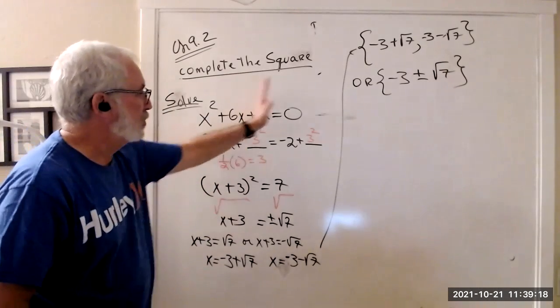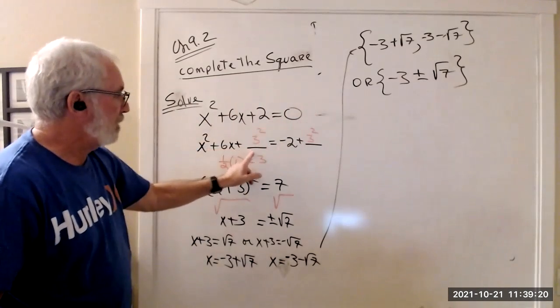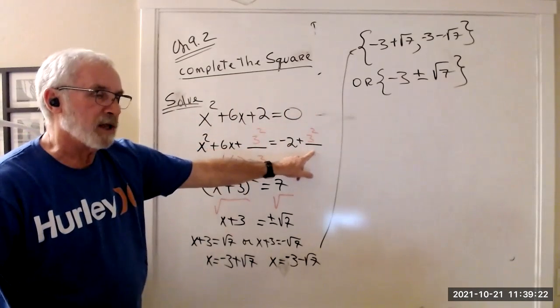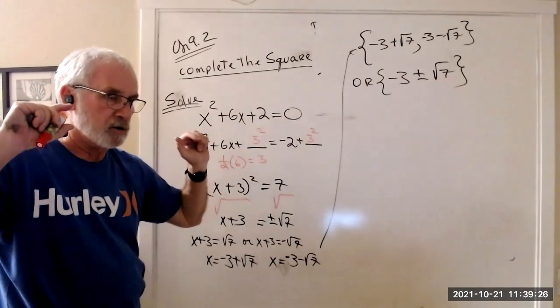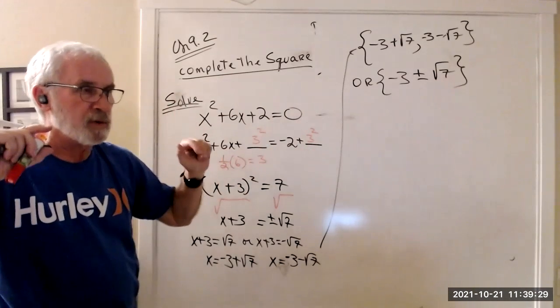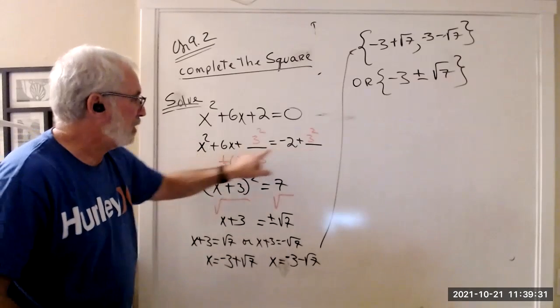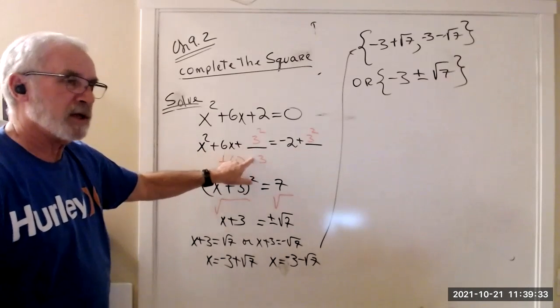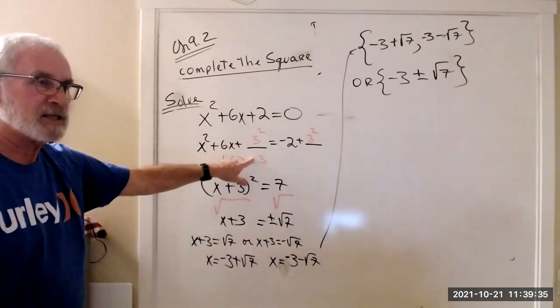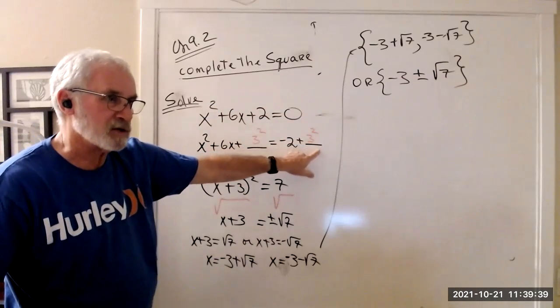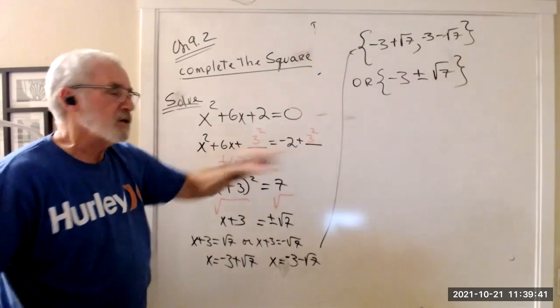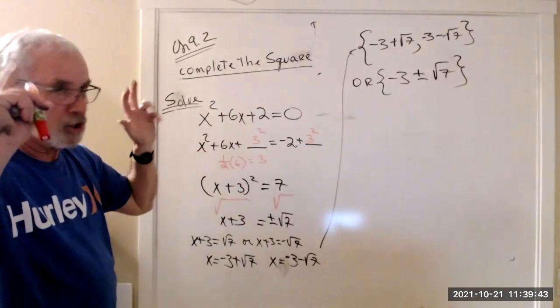You move the 2 to the other side and you make room, that's what those 2 blank spaces are, for the magic number. What should have been there? And the reason we put it on both sides is because we got a fundamental idea in math. If you add something to one side of an equation, you've got to add the same thing to the other side. So how did I come up with a magic number?